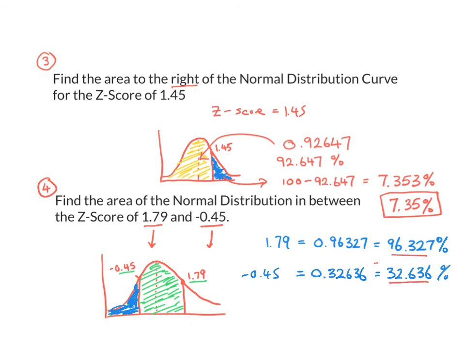So area needed, area equals 96.327% minus 32.636%, which equals 63.691%, which with 2 decimal places, 63.69%.